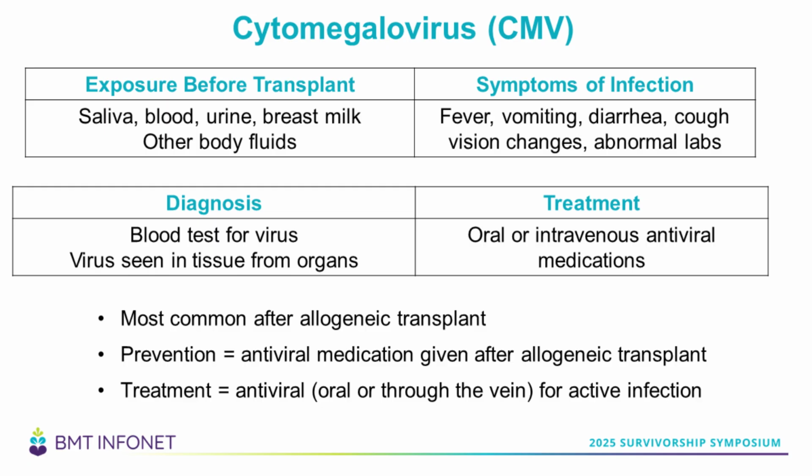The diagnosis is made by a blood test for the virus, which all transplant and CAR T programs should have access to. Interestingly, this virus can also affect organs like the colon, and a biopsy of the tissue can show the virus.